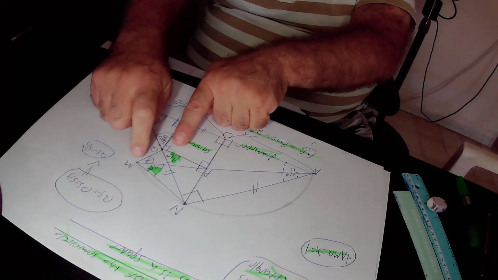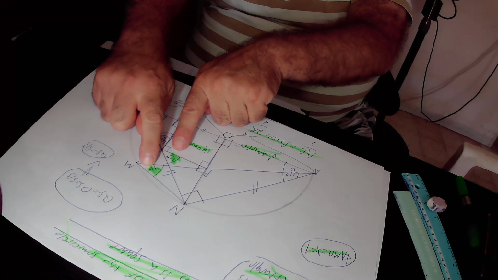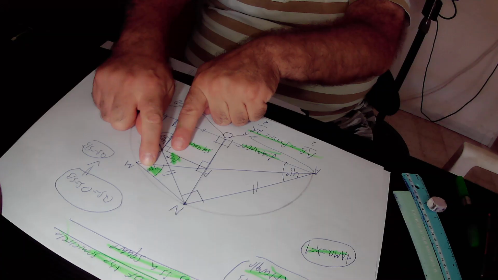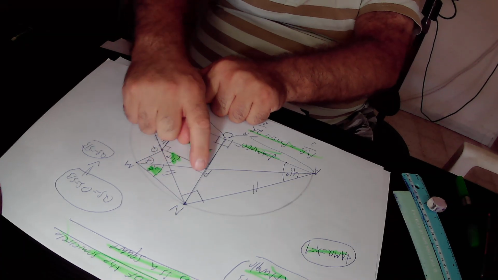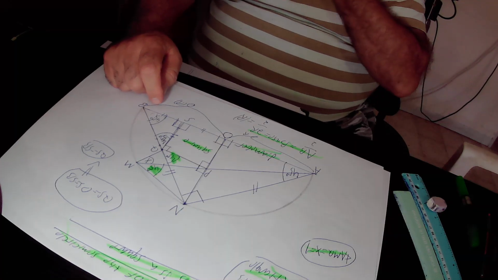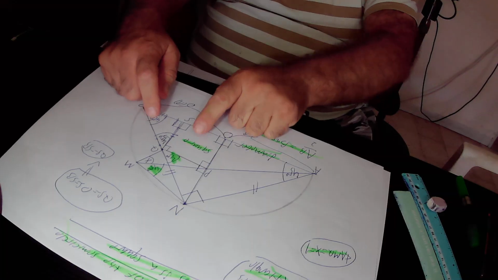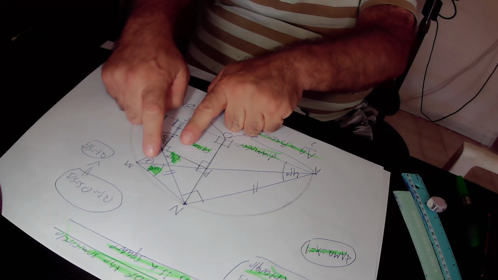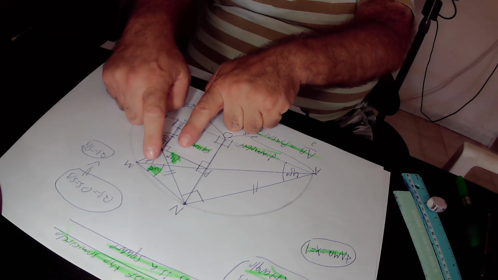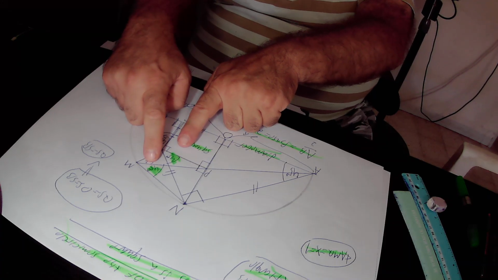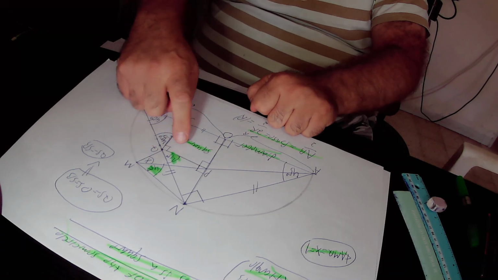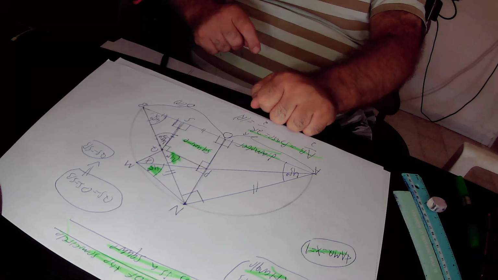Because those two angles are equal to each other, each of them equals 45 degrees, and they both subtend on the same base NP, they fit to be inscribed by a circle.